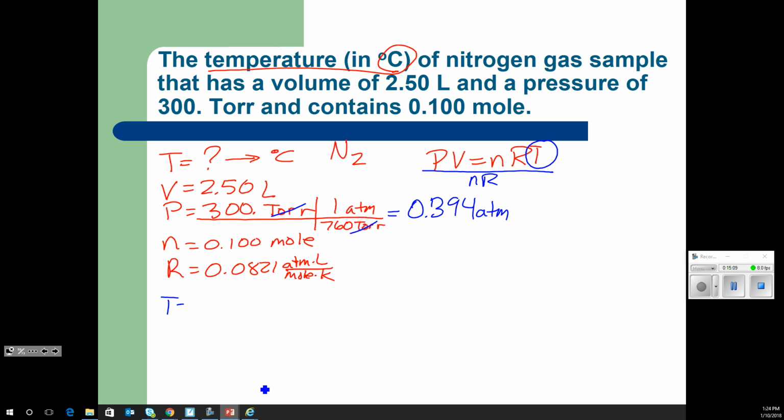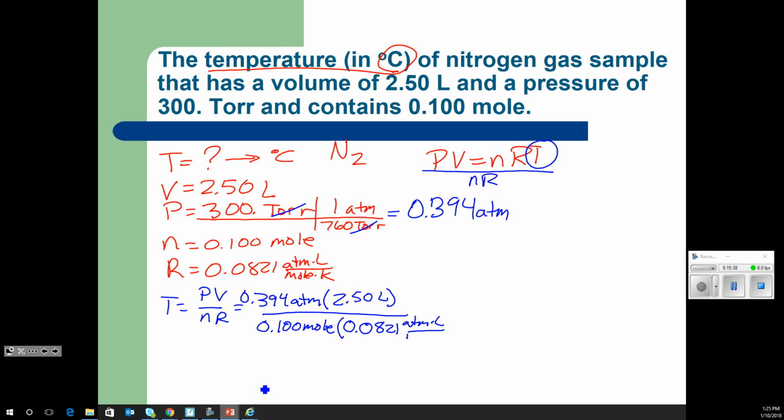So T is going to be PV divided by nR, plugging in, whoops, I almost did 300, 0.394 atmospheres, times volume, 2.50 liters, divided by n, 0.100 moles, times R. Remember on this one, when you hit the divide sign, you're going to put parentheses, close the parentheses, and then hit equal. So what are we going to get for temperature?